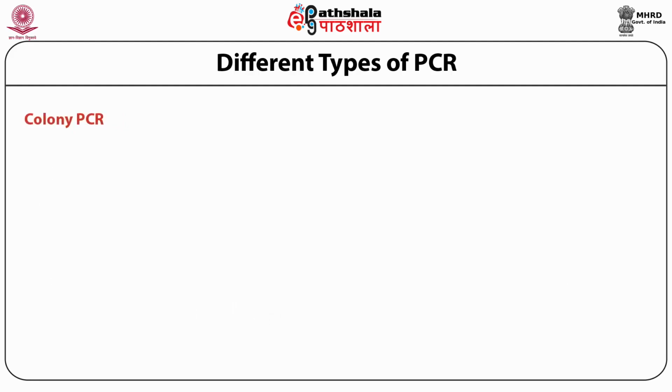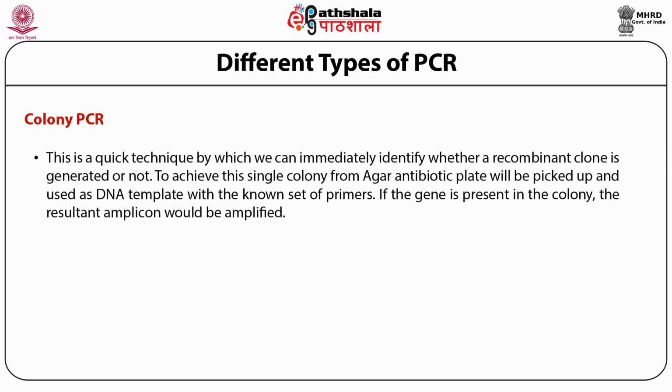Now come to the colony PCR. This is also a quick technique through which you can lift a colony from the bacterial plate, and that colony will act as a DNA template with an appropriate amount of primers, dNTPs and Taq polymerase, and in one go you can identify whether that colony is a recombinant product or not.